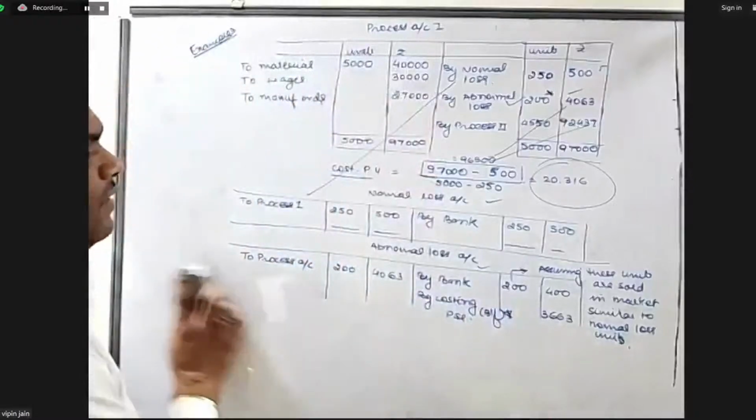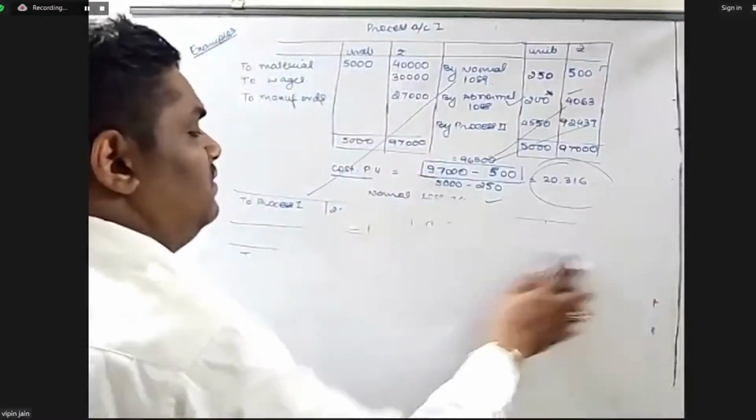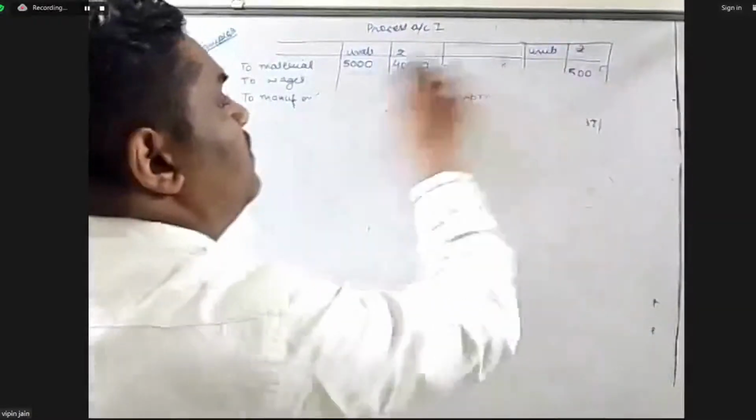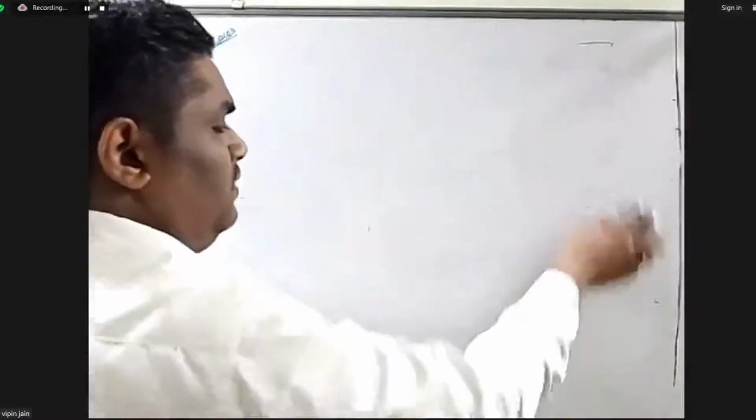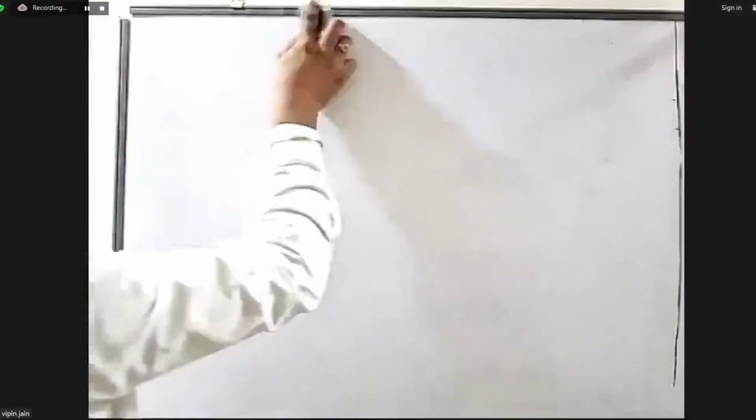So done, guys, with the abnormal loss. So we are done with normal loss. Yes, Mamta. They are actually sold in the market, Anmol.